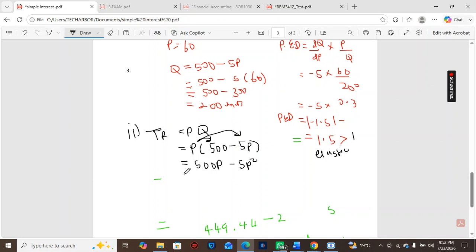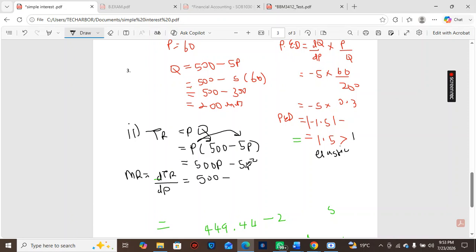Now I want to find out at what price we maximize our total revenue. So we need to get our marginal revenue, colleagues. Remember, marginal revenue is the derivative of the total revenue function. It's the extra revenue per unit. We derive our total revenue function with respect to P. When you derive 500P, you get 500.